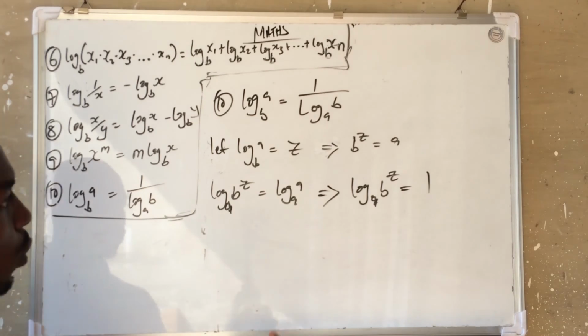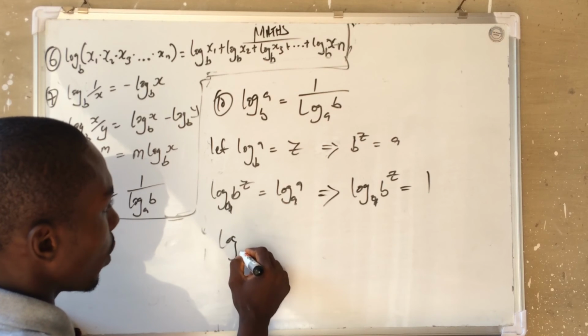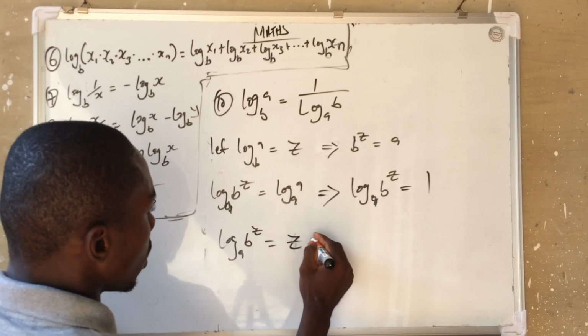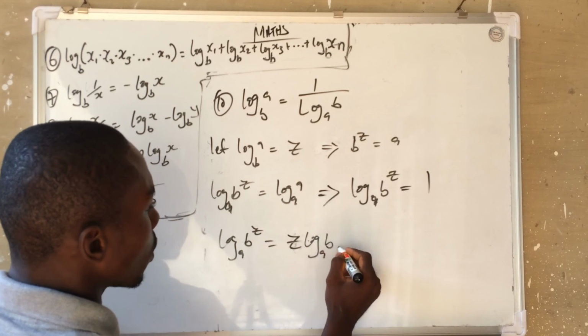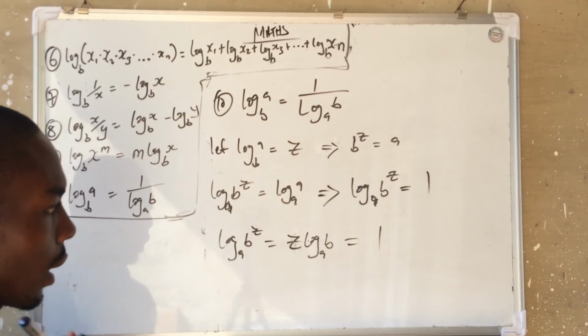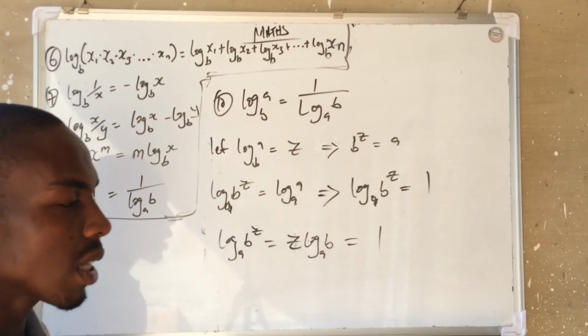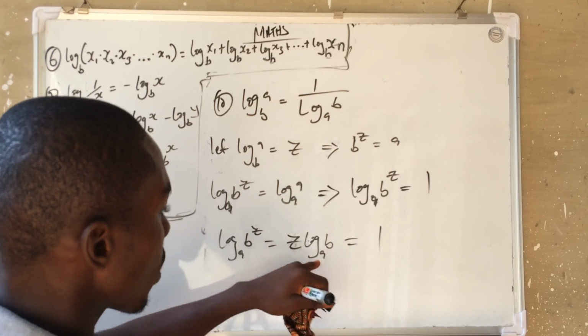Now, from number 9 that we proved, log to the base a of b raised to the power z is equal to z log base a of b, which is equal to 1. Now it will be easier to divide both sides by log base a of b.